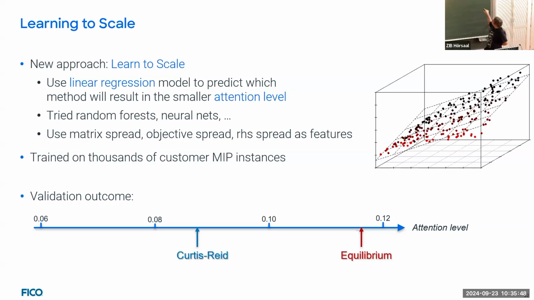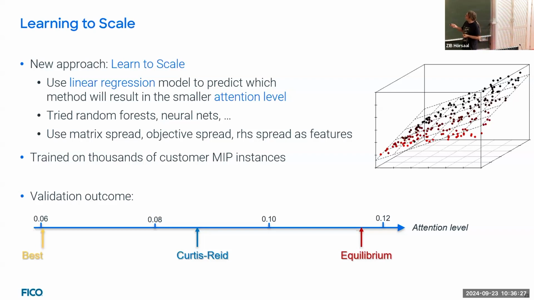To give you an idea on the set of instances where we trained this on, which were particularly numerically challenging instances, the average attention level with the incumbent rule of equilibrium scaling was just a little shy of 0.12. If we had always applied Curtis rescaling, this would already have been an improvement, but it would also have led to a slowdown of the solver, which is why, even knowing that this in general leads to somewhat better numerics, this was not the incumbent rule that's being used, for performance reasons.